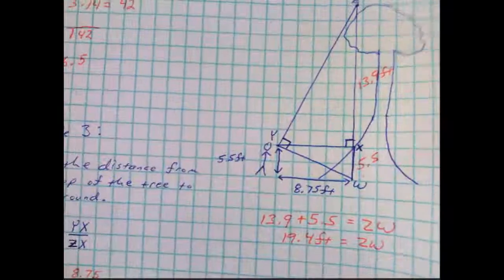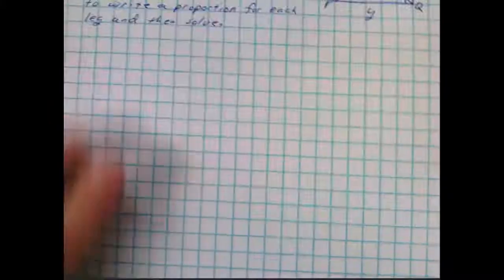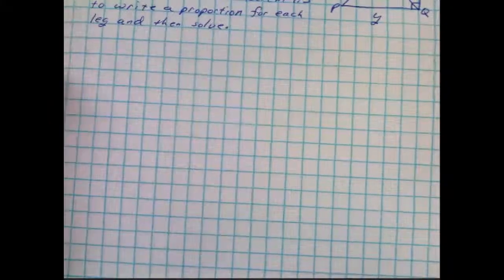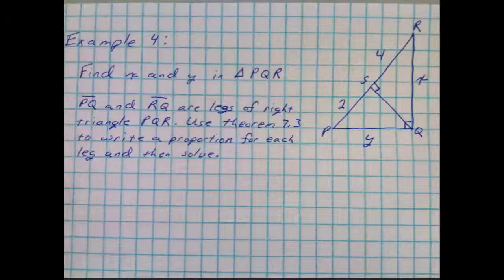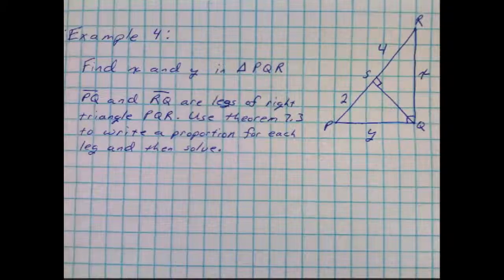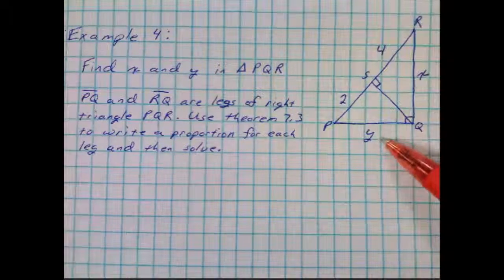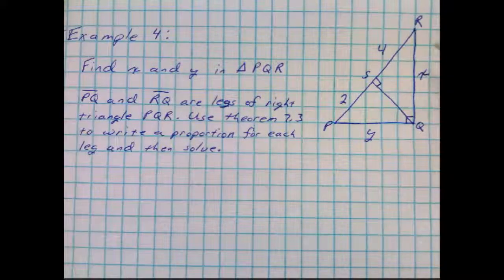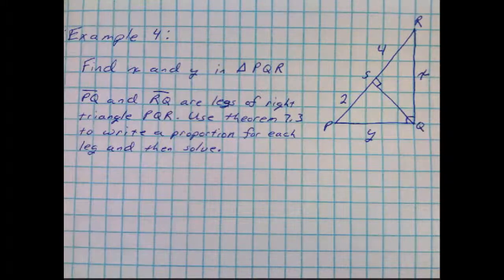Alright, let's try to do one more quick example over here. For example 4, we're going to find x and y. We have our triangle PQR. So PQ and RQ are legs of a right triangle, PQR.